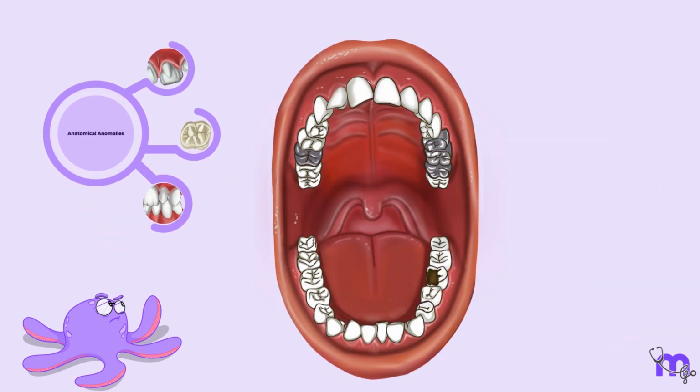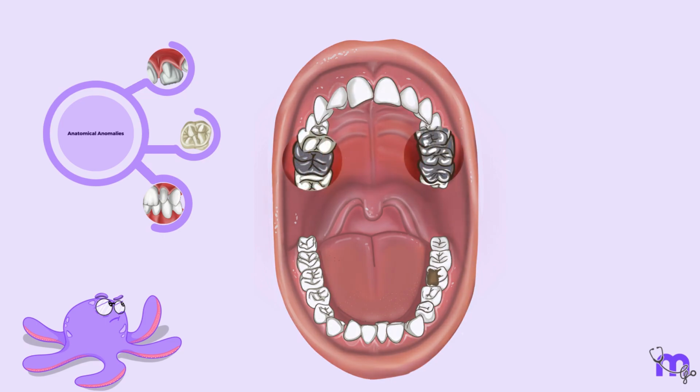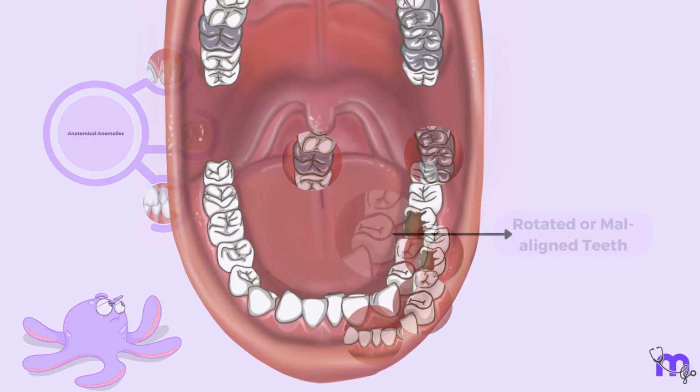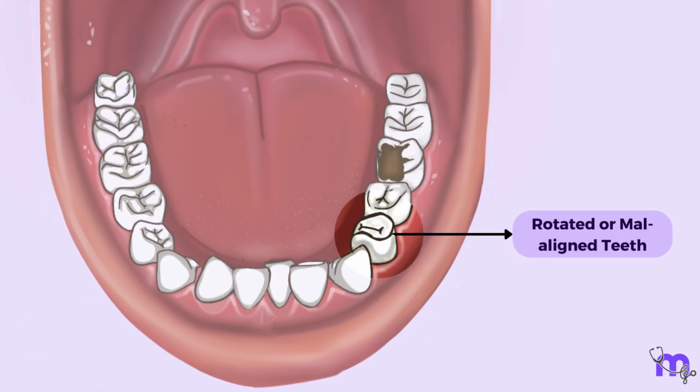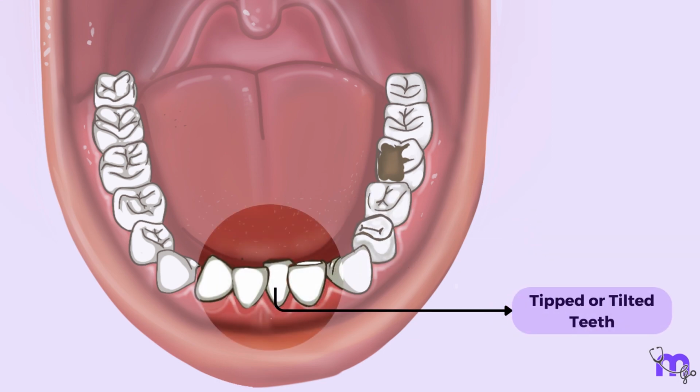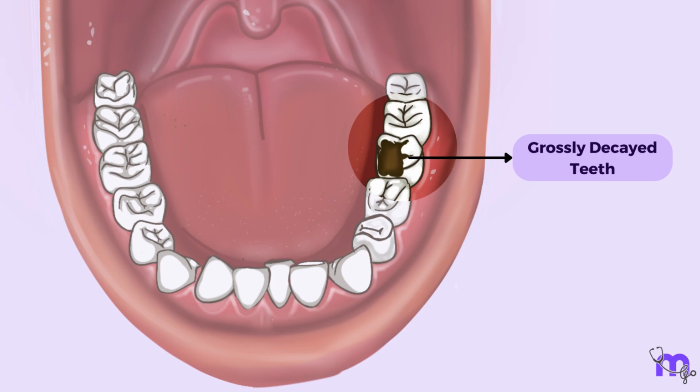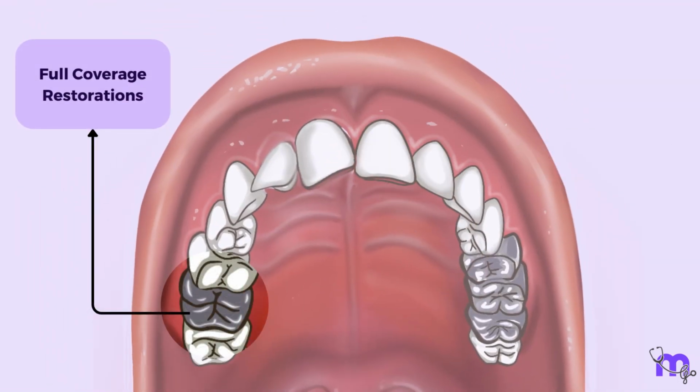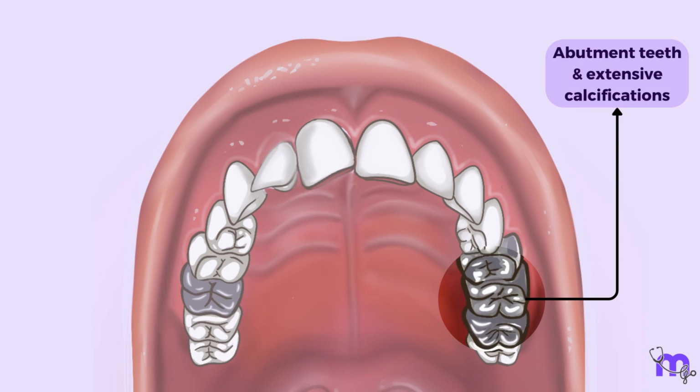Now, sometimes apart from these factors, there may be some components that can hinder the access cavity preparation, like presence of rotated or malaligned teeth, tipped or tilted teeth, grossly decayed teeth, teeth that have full coverage restorations on them, abutment teeth, and those with extensive calcifications.